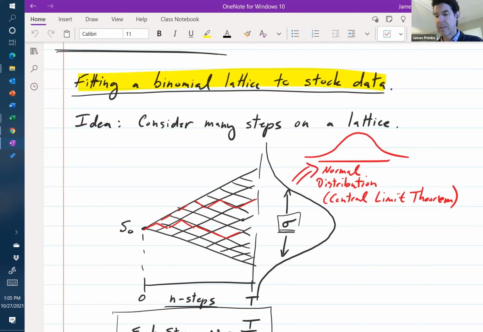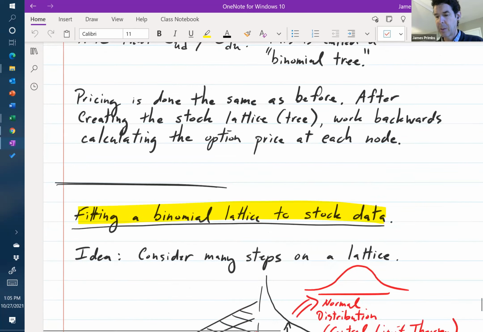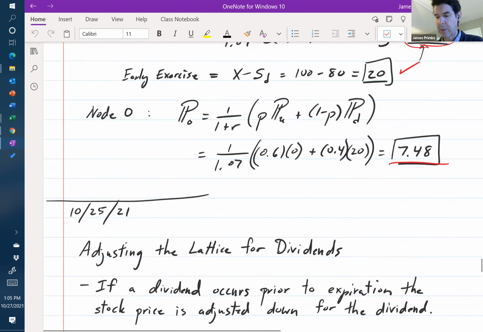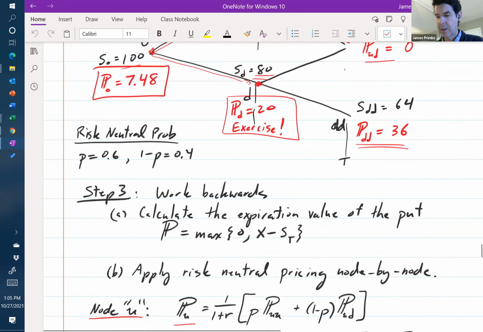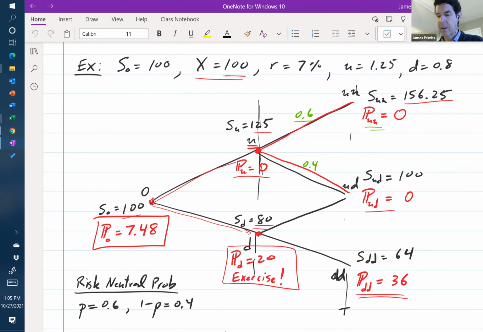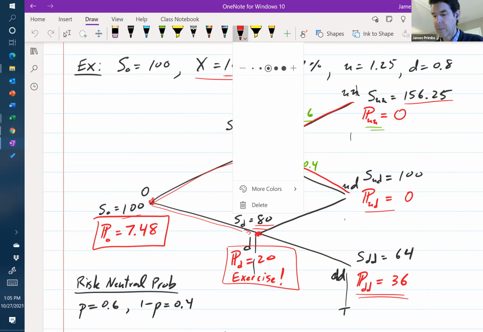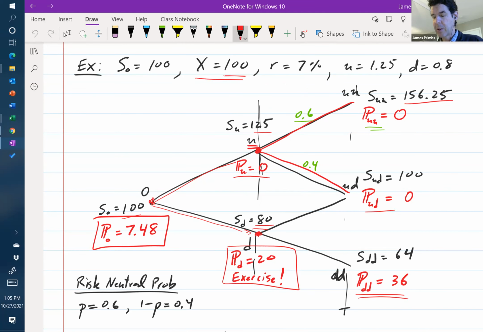The idea is in the binomial model. Let me go up to where we were actually calculating a binomial model. Here was an example. When we were calculating a binomial model, we have some different parameters, and initially those were just given to us. Some of those parameters are the up parameter and the down parameter, and those were just handed to us.